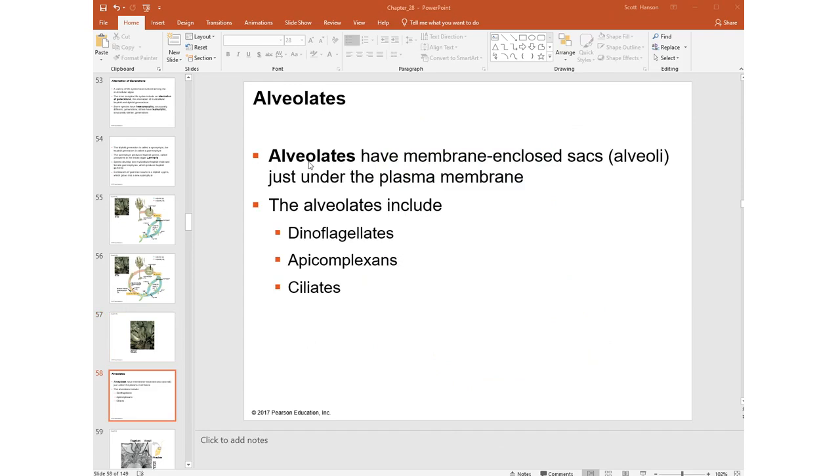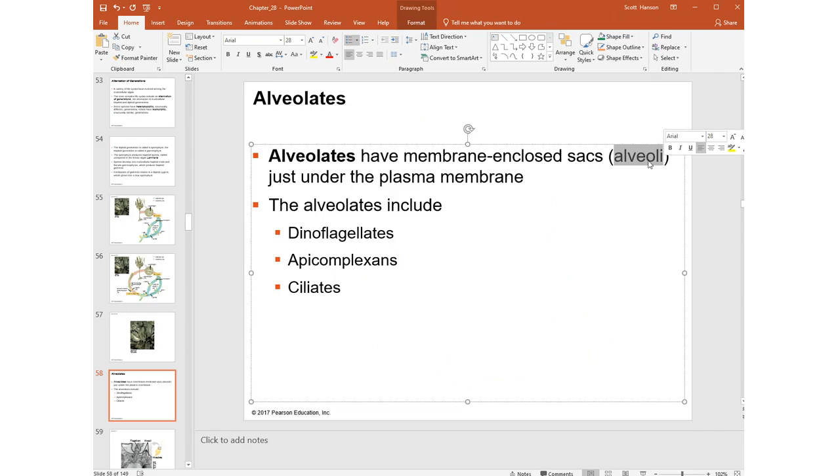Now there's another group in this SAR. There's another group called the alveolates, and they have membrane enclosed sacs called alveoli. If you've ever studied anatomy or physiology, our lungs are filled with millions of membrane enclosed sacs called alveoli, and that's where the oxygen from the air diffuses into the blood in the capillaries, and where carbon dioxide in the capillaries diffuses out into the air in the alveoli.